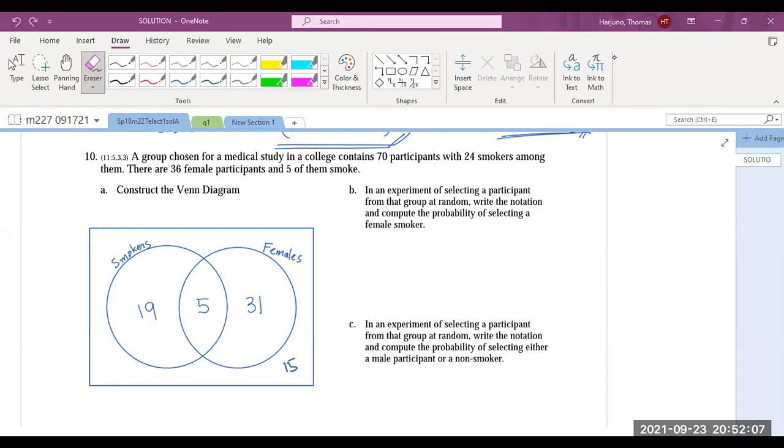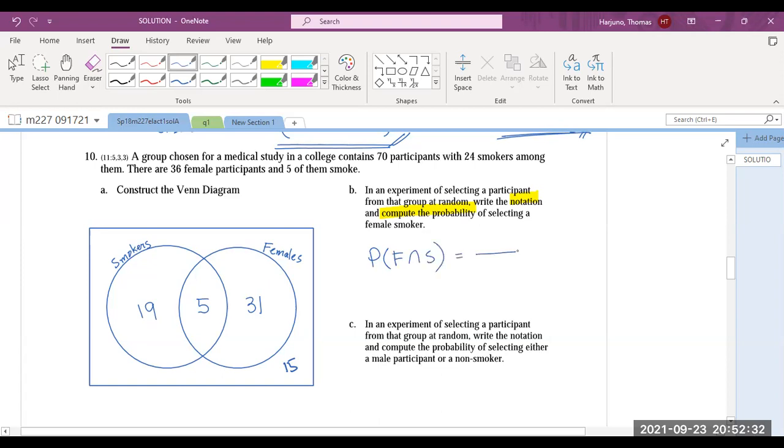Okay, so that's the Venn diagram. Let's see part B. In an experiment of selecting a participant from that group at random, write the notation. I always ask this: write the notation and compute the probability. So the notation for the probability and the value of selecting a female smoker, female and smoker.